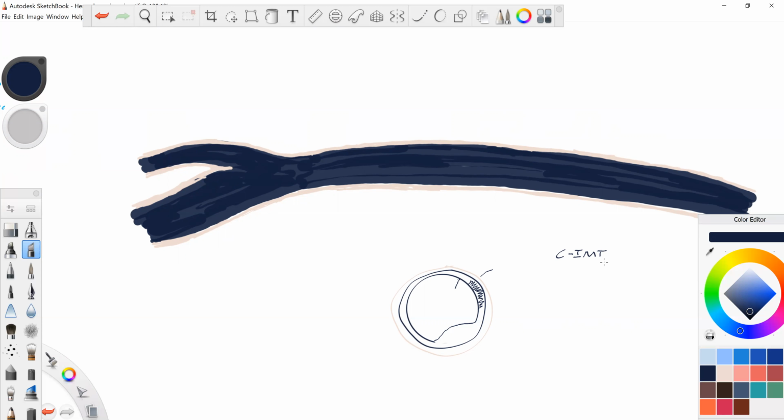I don't know the specific numbers, nor do I care to know them. I kind of know it when I see it, and I could always go back and look at expected CIMTs per age group. So CIMT is just overall thickening, although usually it'd be a universal, all around the circumference thickening. Although certainly it could have localized thickening. So that's kind of a pre-plaque situation.